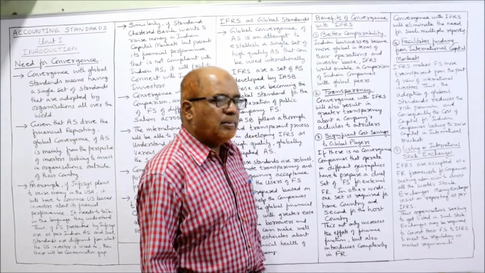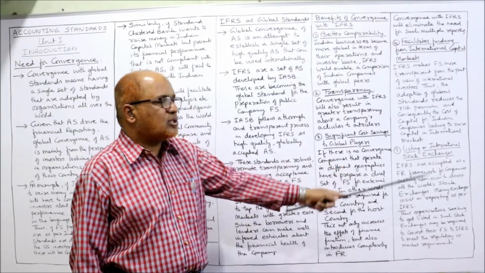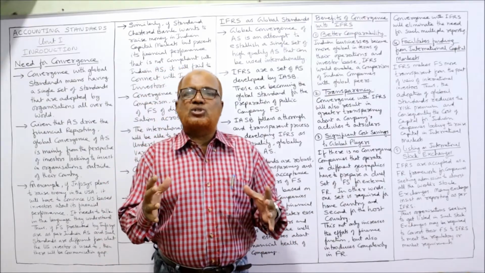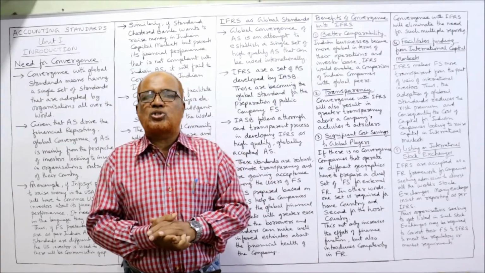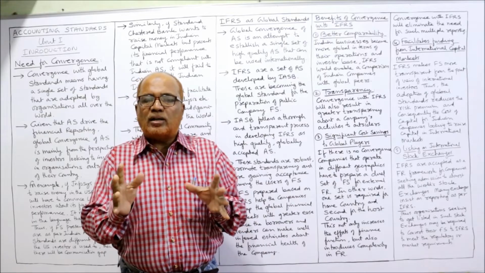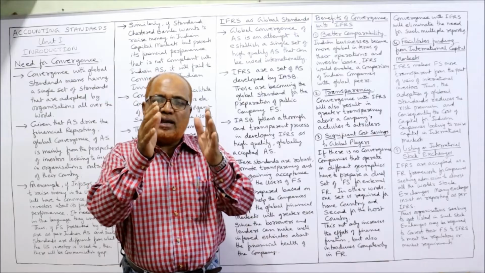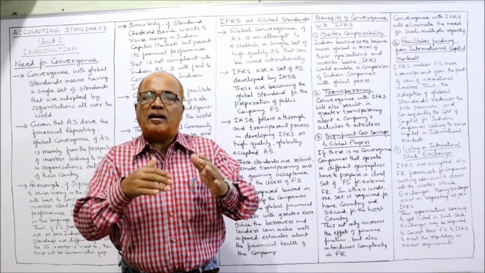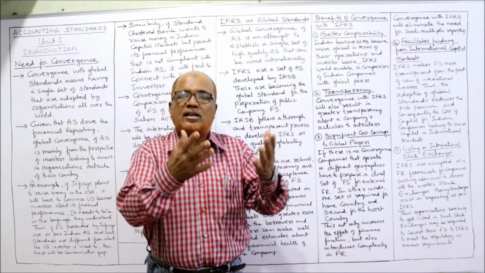Next, the last benefit from this convergence is listing on international stock exchanges. Now an investor can take part in stock exchanges globally. It is not necessary that a person has to participate only in the home country stock exchange. A person can enter and transact in international stock exchanges also, other countries' stock exchanges.